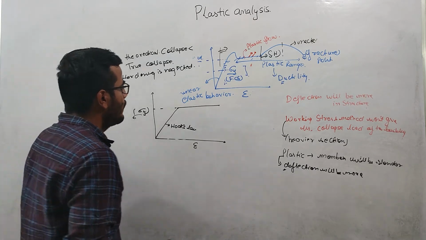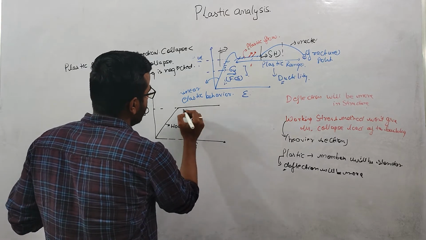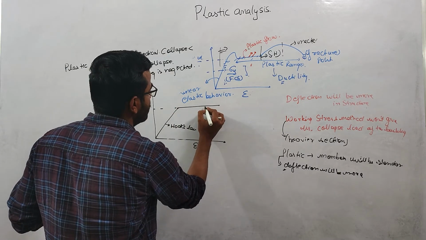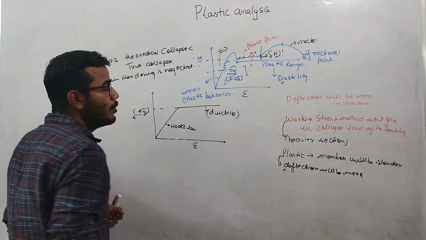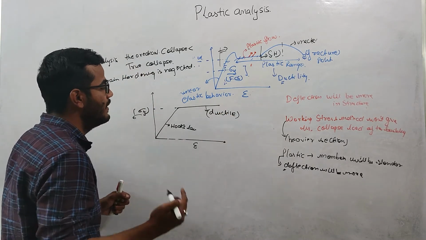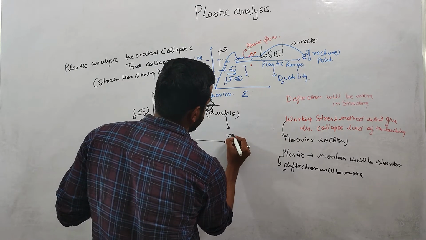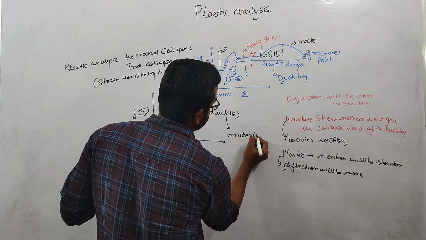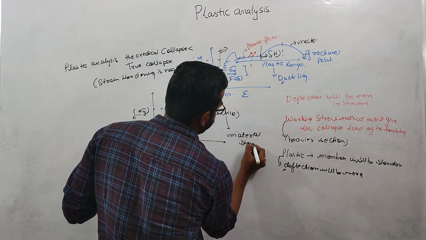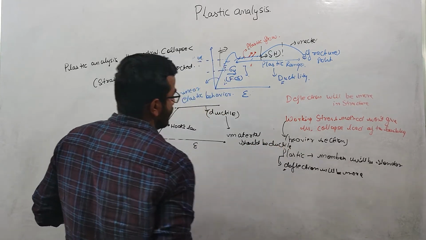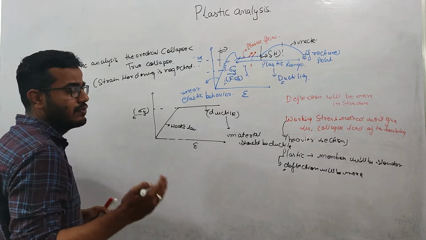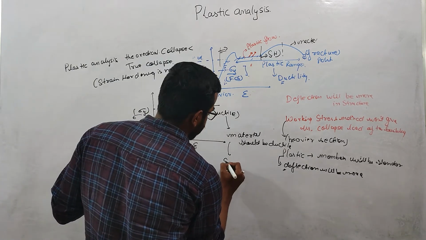Now you can see that after yielding, the behavior is ductile. So if we want to use the plastic analysis, the material should be ductile, right? That's why the plastic analysis is mostly applicable to steel structures.